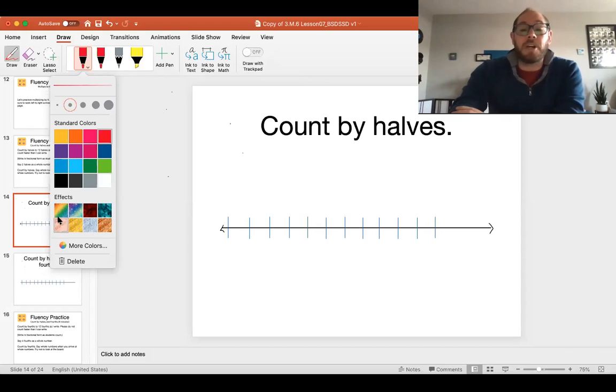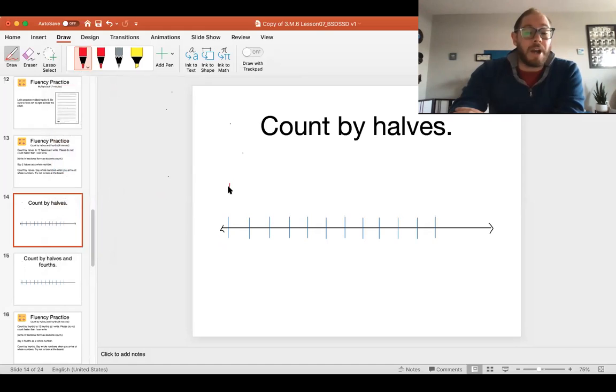All right, so we're going to be counting by halves, and we're going to start off with 1/2. What comes after 1/2? 2 halves. Remember, our number 2 in the denominator at the bottom shows us a half. 3 halves. 4 halves. 5 halves.